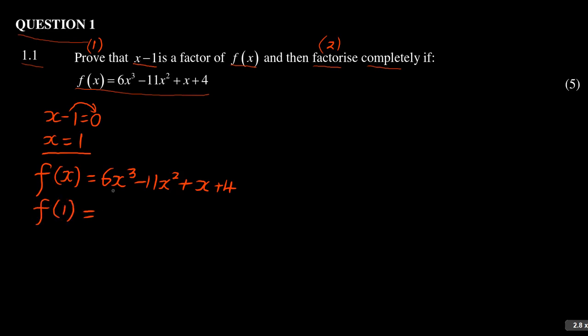Therefore, you are going to substitute where there is x, you are going to put a 1, which is 6 times 1 cubed minus 11 times 1 squared plus 1 plus 4. So then you need to use your calculator.